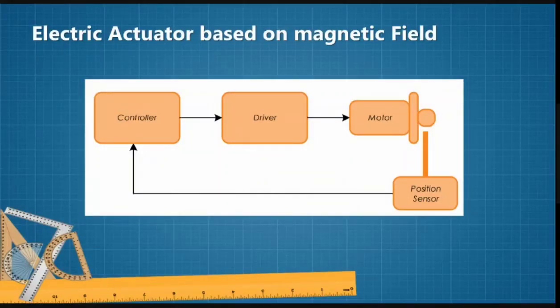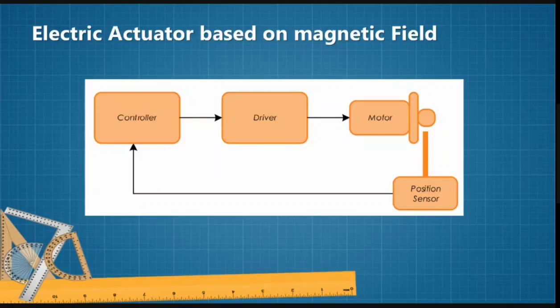And next, we will talk about electric actuators based on magnetic field. It is one of the cleanest and most readily available forms of actuating system, as it does not involve oil, such as in a pneumatic actuator, for example, as there is no need to compress air, as in hydraulic or pneumatic systems, so there is no extra machinery.